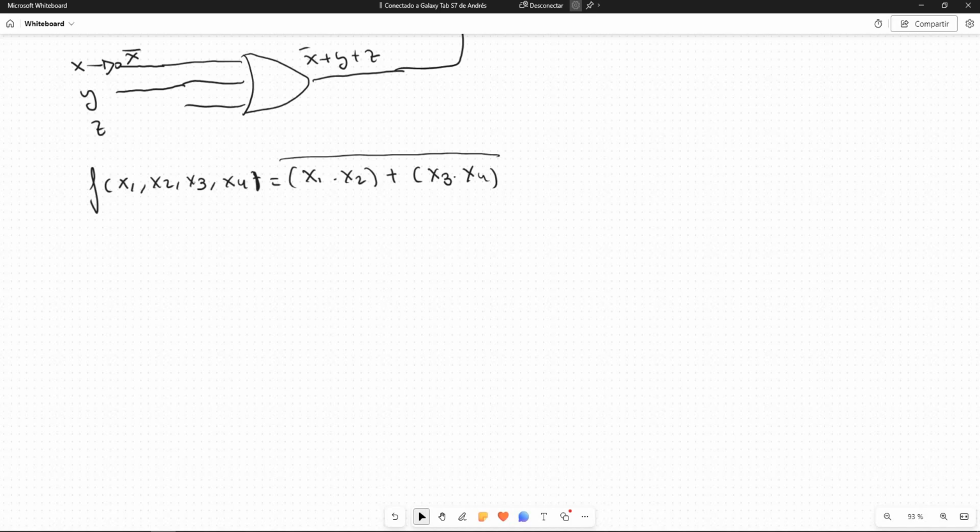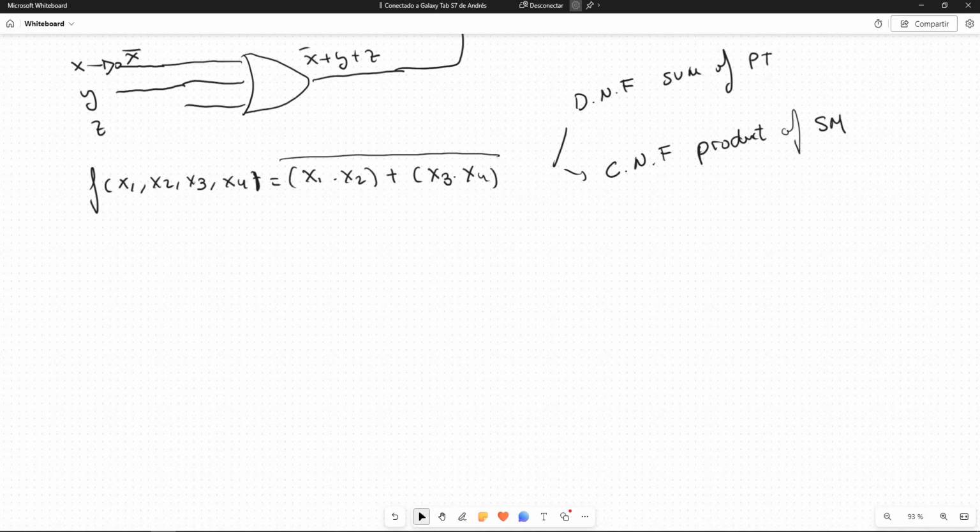We have seen two normal forms. The disjunctive normal form, that is the sum of product terms, or the conjunctive normal form, that is the product of some sum terms.